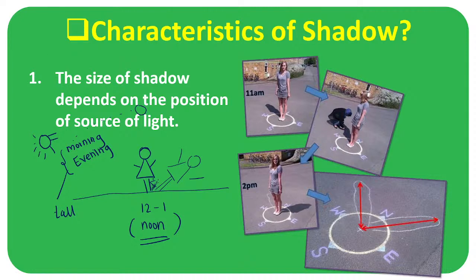The shadow also depends on the position. When the sun is rising in the east, the shadow is going to form in the west direction. Okay, suppose that's the east side, the shadow will be formed on the west side.